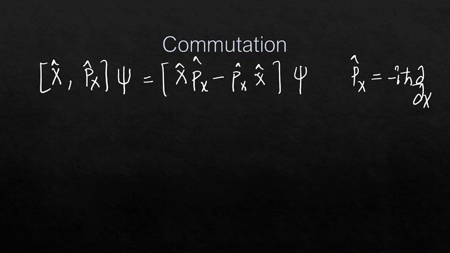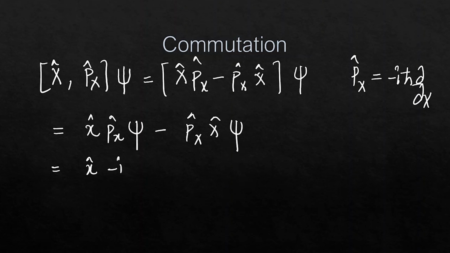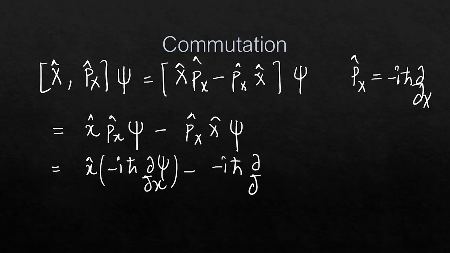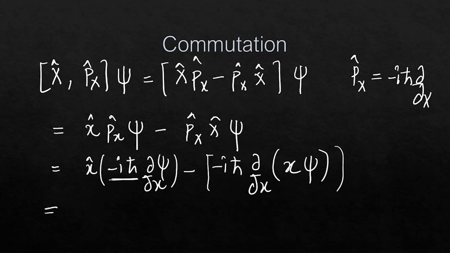So we just have to open this: x px operating on psi, and then px x operating on psi. First, x operates on minus iota h cross del psi by del x, and then minus iota h cross del by del x operates on x psi.